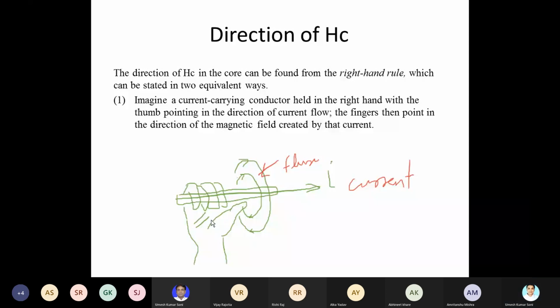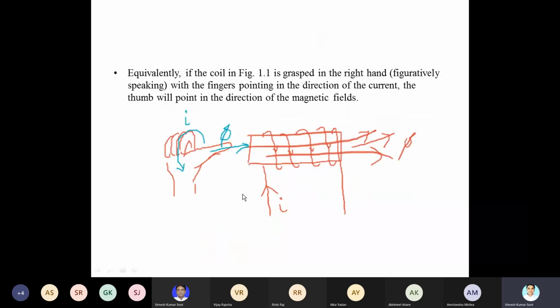Similarly, if you have current in the direction of a coil, current in the direction of the rounded fingers, then what is the direction of the flux? This is also given by the same thumb rule.